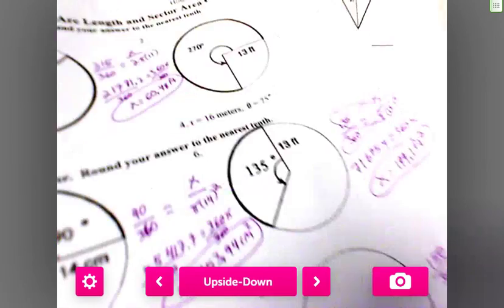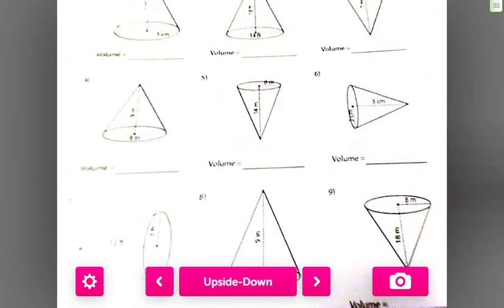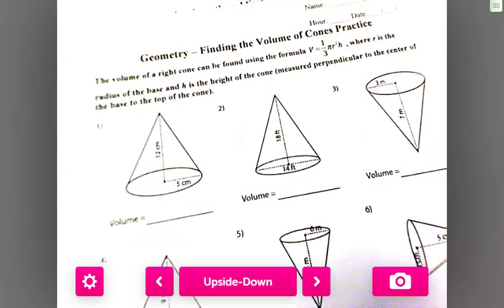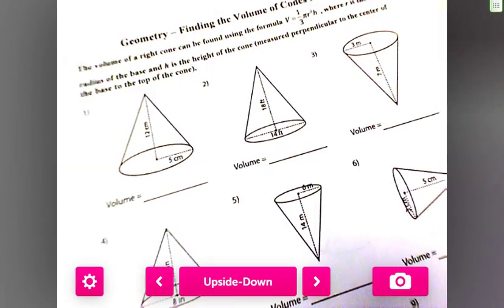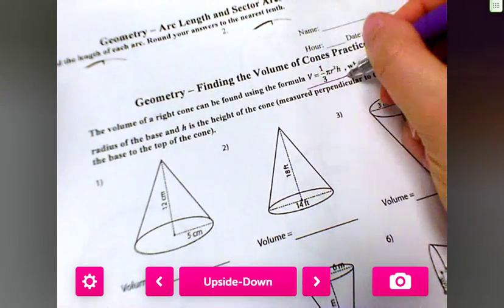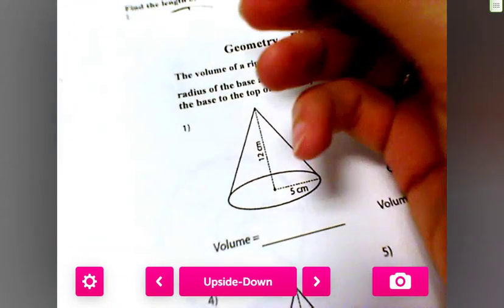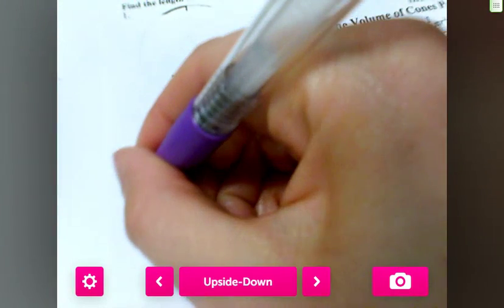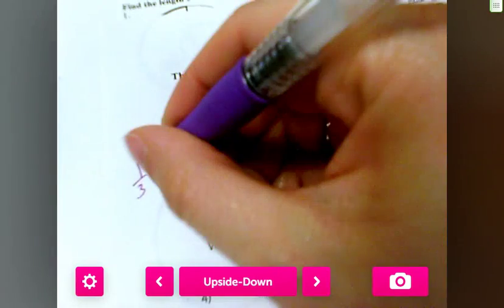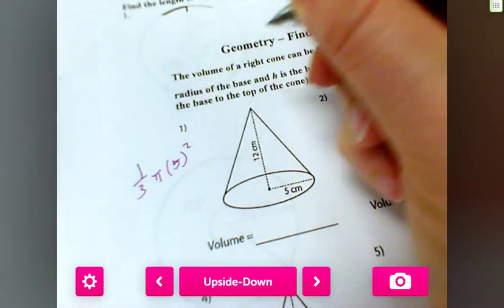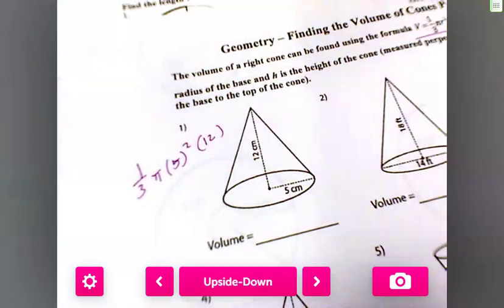Okay, let's go ahead and look at volume of cones. Remember, we're dealing with that equation, which is given right here as well on the top of your paper. We're going to just look at number 1. We're going to go 1/3 pi 5 squared times 12. You stick that in your calculator.